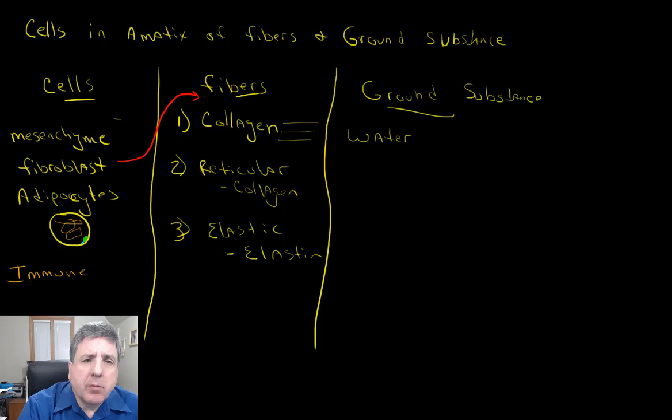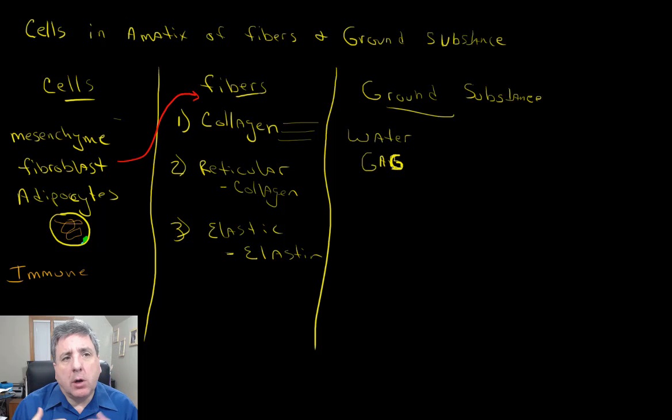A couple other components. You're going to have something that's called glycosaminoglycans. Not going to spell that out, but it often goes by the GAG. That's a G. Okay, GAG, glycosaminoglycans. Another one is going to be proteoglycans.